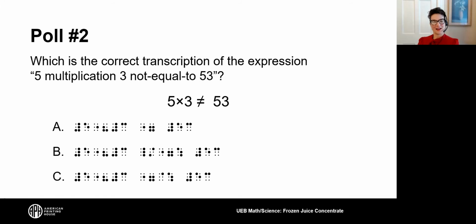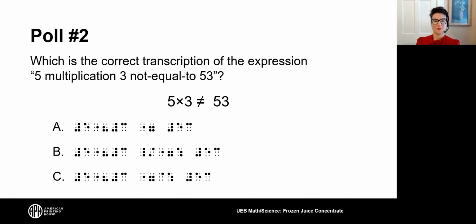Correctly. Yeah, our not equal to symbol is dot 5, dots 2, 3, 5, 6, and then the line through previous item indicator, which is dot 4 and dots 1, 5, 6. The answer choice A just has a regular equals sign, not the not equal to.